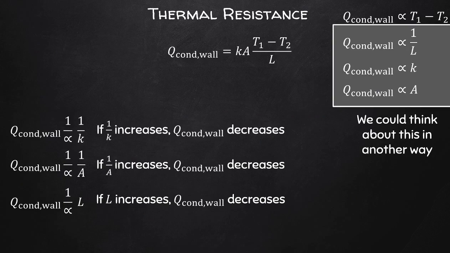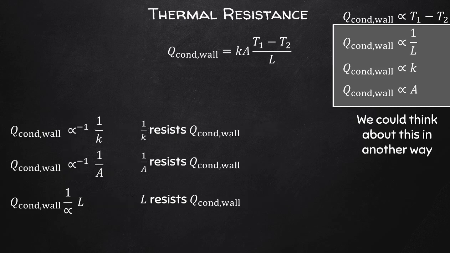Now, another way to look at these various terms or properties or dimensions, geometries, is how they affect the resistance to flow. So we often like to talk in heat transfer about resistances to flow, just as a resistor in an electric circuit would cause resistance to the flow of electrons.